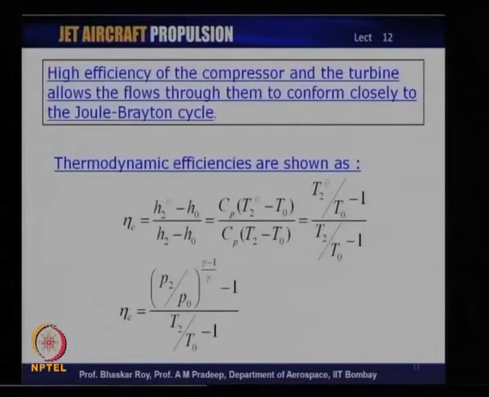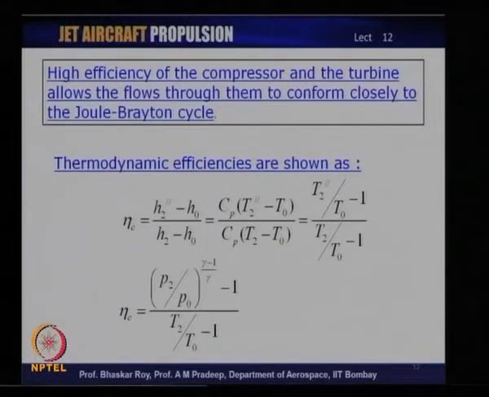Let us take a look at how you show the efficiencies of the compression. The high efficiency of the compressor and turbine that we would like to achieve actually takes the cycle pretty close to the Joule-Brayton ideal cycle.